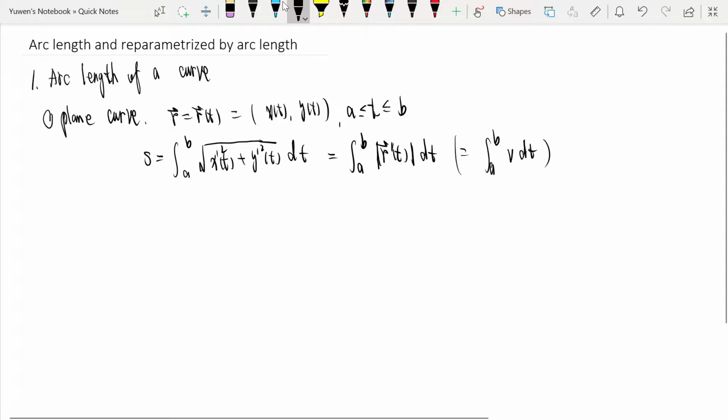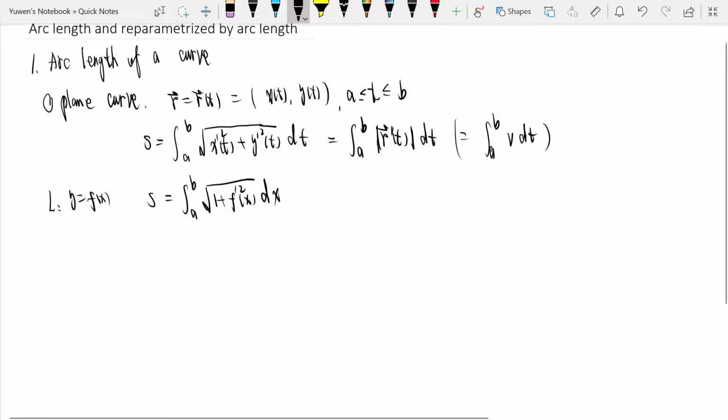That's for the parametrized curve. If the curve is y equals f(x), then the length is the integral from a to b of the square root of 1 plus the derivative of f squared, dx. That's for a plane curve.